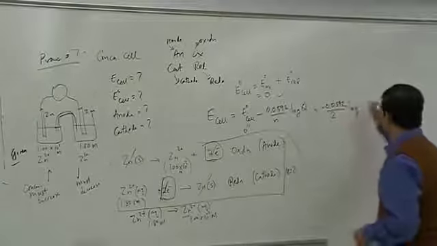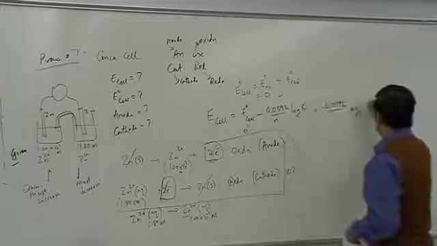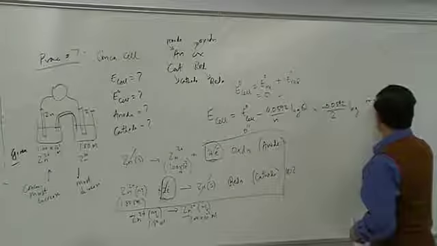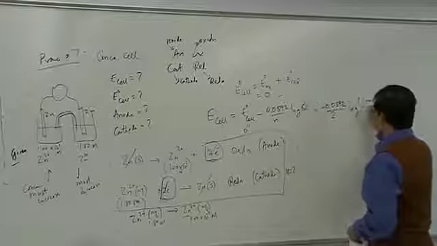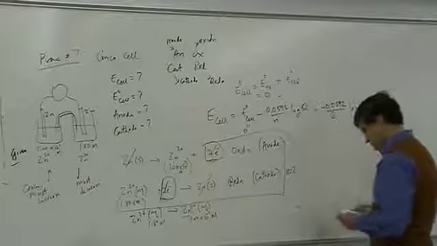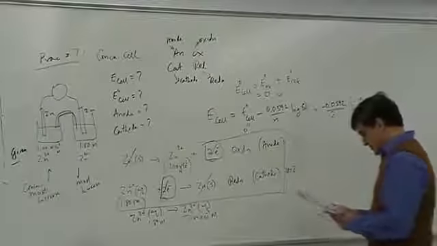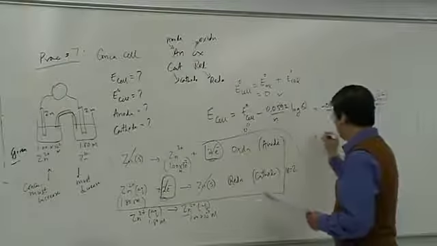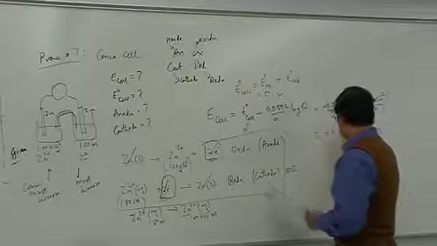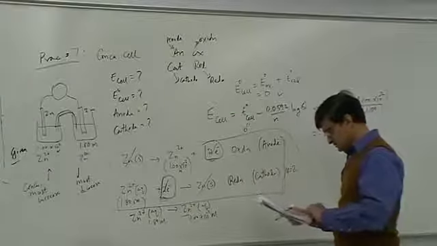Zinc 2 plus on the top. This is the product. 1.00 times 10 to the negative 2 divided by 1.80. Both are molarity. Okay, now this is the value that I got. And make sure you double check my value. 0.0668. 0.0668 volt.